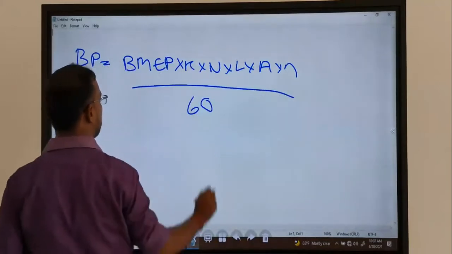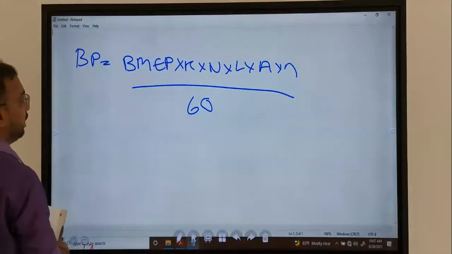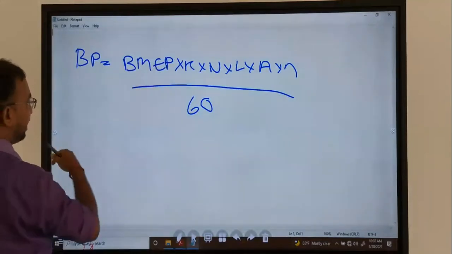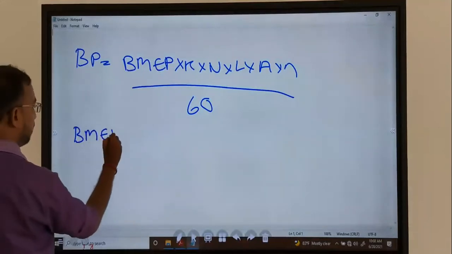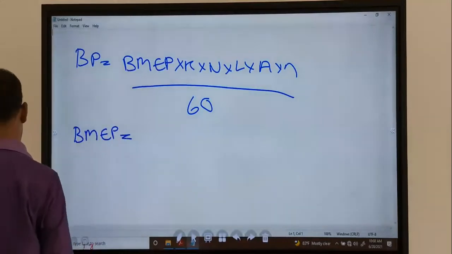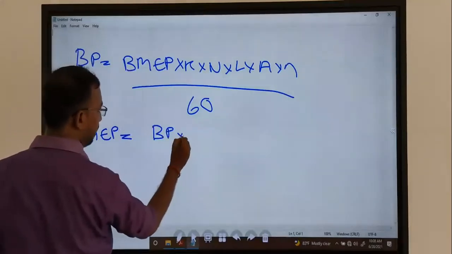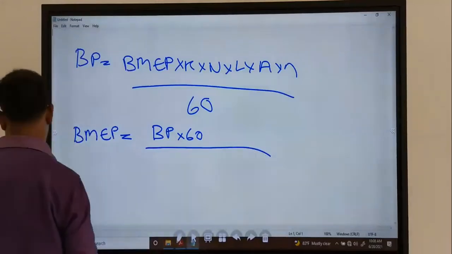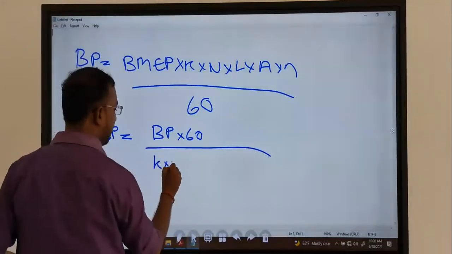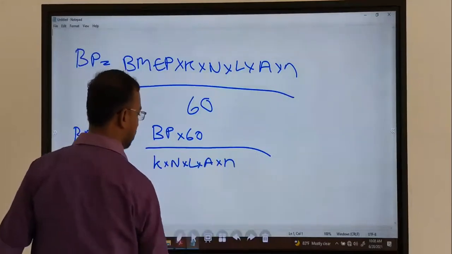We take the brake mean effective pressure to one side. So BMEP equals BP into 60 over K into L into A into N.